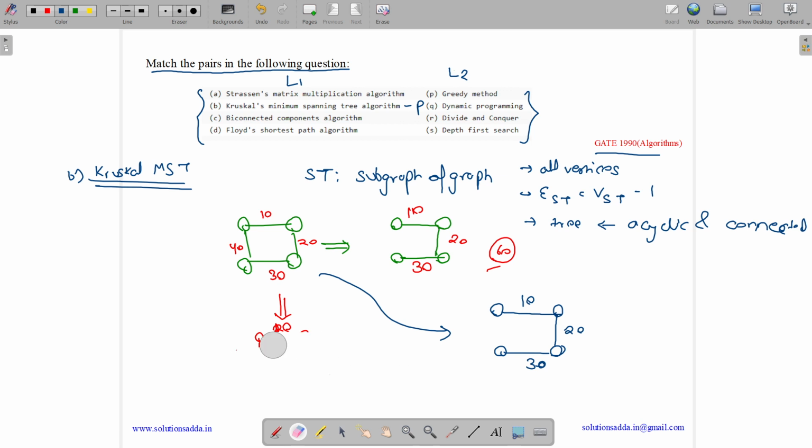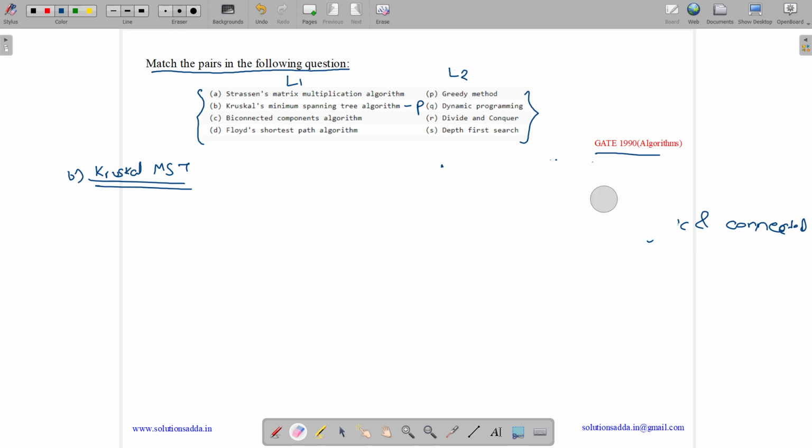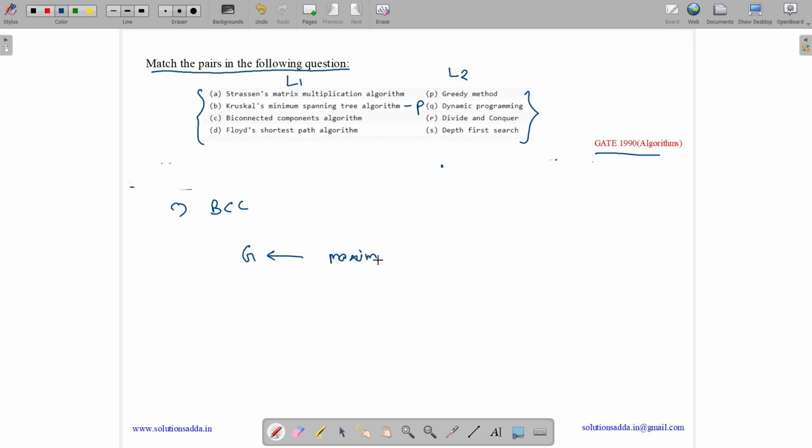Now let us see the next option, biconnected component. What is a biconnected component? Suppose we have a graph G. A biconnected component is a maximal biconnected graph. All maximal biconnected subgraphs are called the biconnected components.